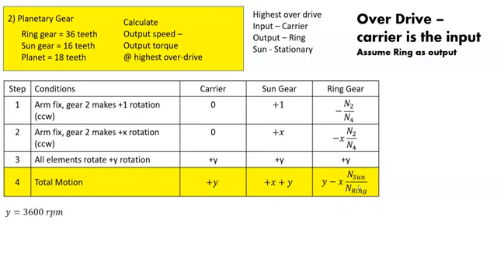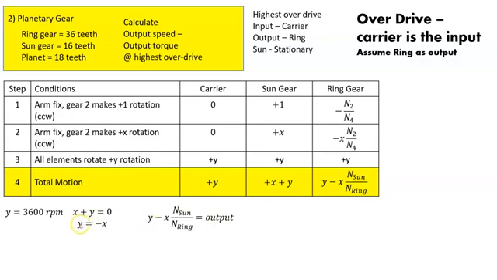The sun gear equation, X plus Y, is 0. So we subtract X from both sides, and Y is equal to negative X. That's as far as we can take that. Then we've got Y minus X times the ratio of the sun to ring, which is equal to whatever that output velocity is going to be.